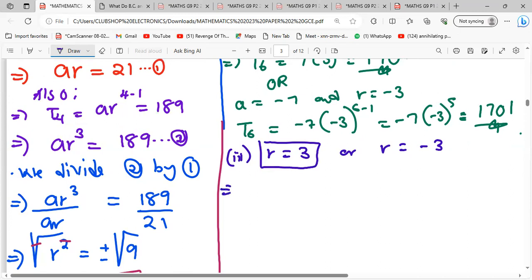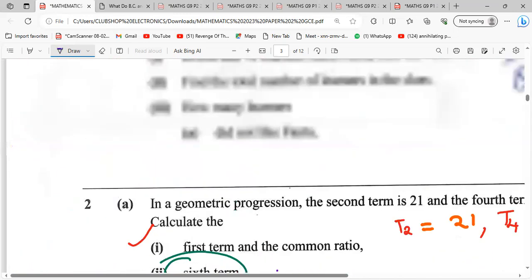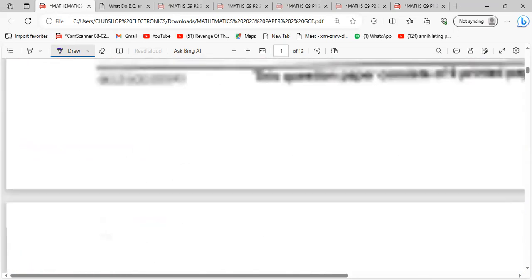It means we can say Sn equals a(r^n minus 1) divided by r minus 1. But in here, this is less than 1, so let's check.